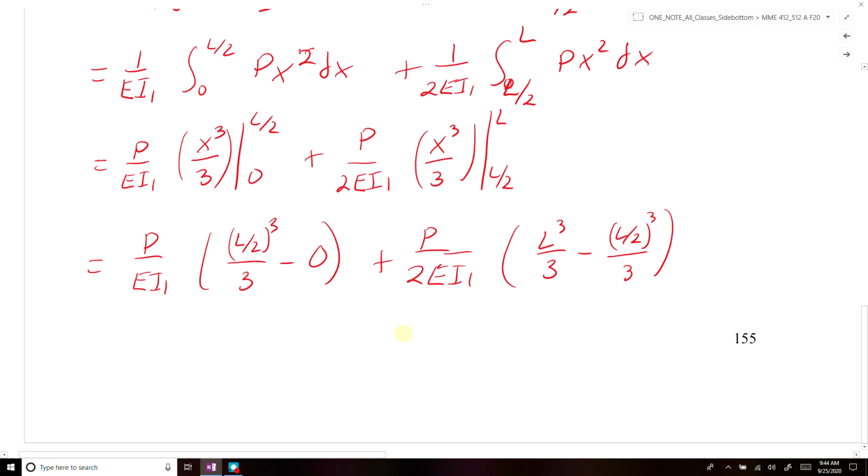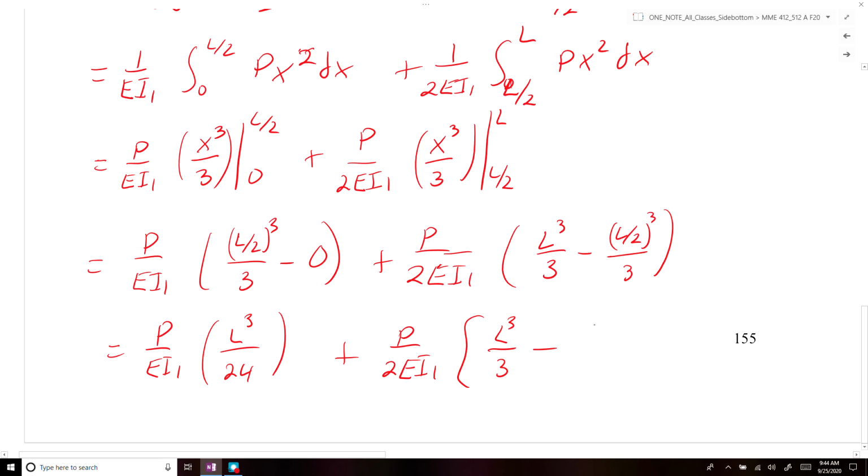Alright, so what we'll end up getting here is P over EI1 times the length cubed over 24. And then the next integral is going to be equal to P over 2 EI1 times the length cubed over 3 minus the length cubed over 24.